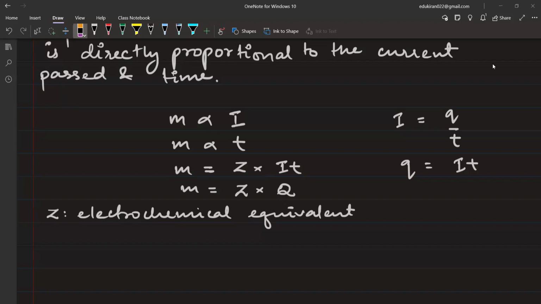Okay. So whenever we have to define a proportionality constant, we keep the variable on that side as 1 and then we define it.